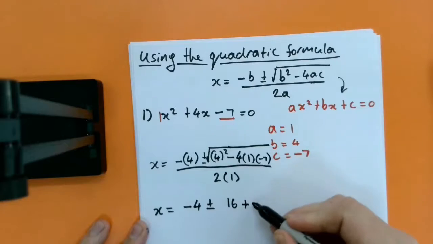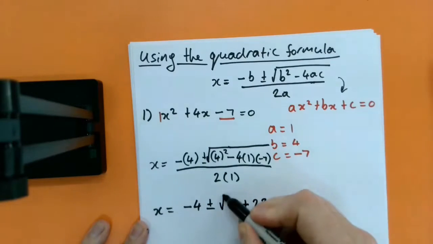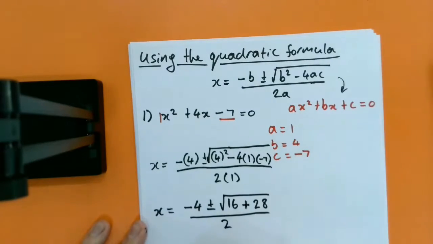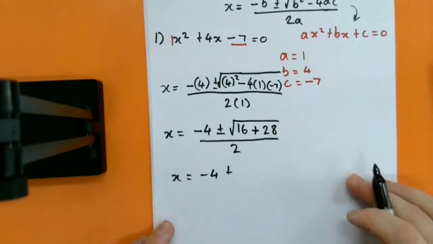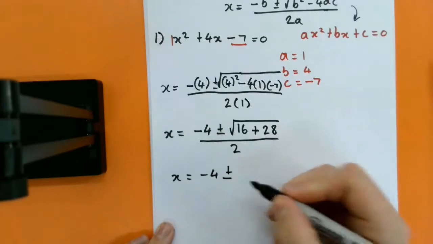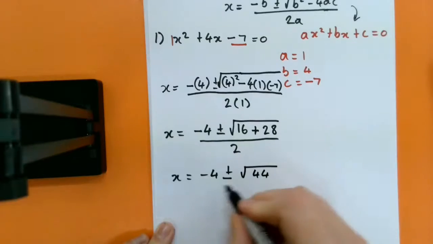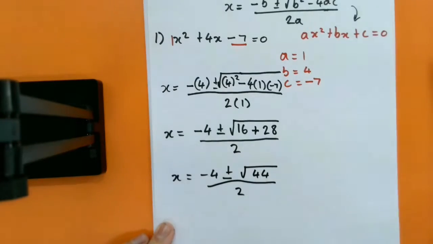So that is 16 plus 28. Just be careful with your negatives there, that is an easy mistake to make. All over 2. So x equals minus 4 plus or minus the square root of 16 plus 28, which is 44, all over 2.